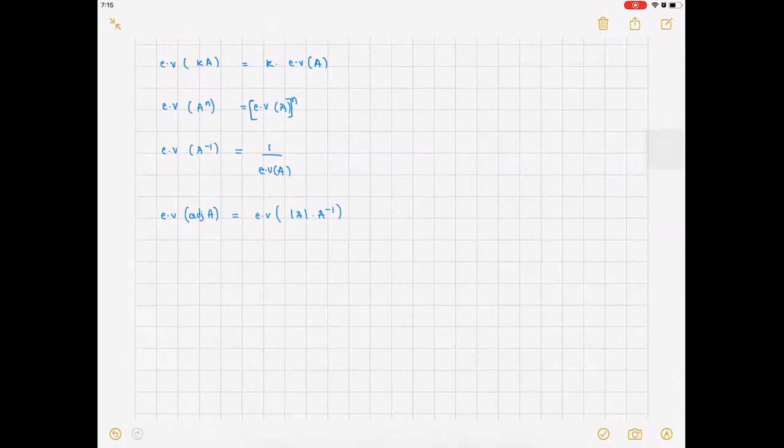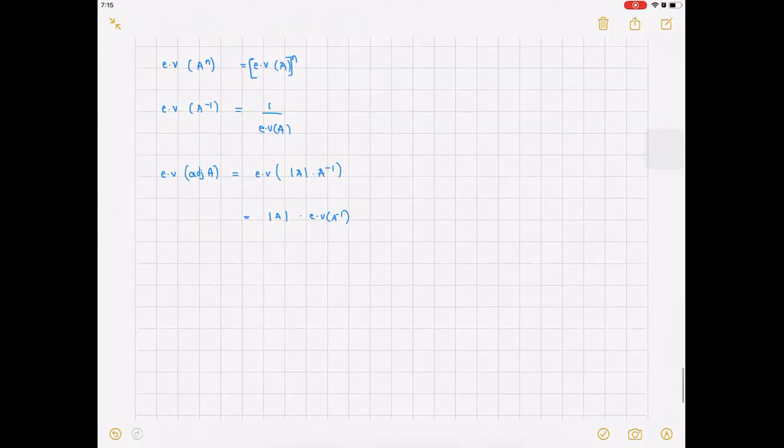So determinant of A is a scalar, right? So determinant of A into eigenvalue of A inverse, which is 1 by eigenvalue of A, and therefore determinant of A divided by eigenvalue of A. So this is the eigenvalue of adjoint of A. Yeah, and using the properties we can solve most of the problems.